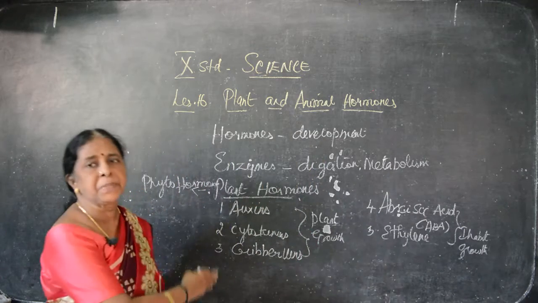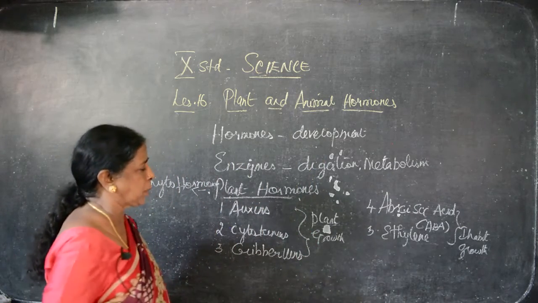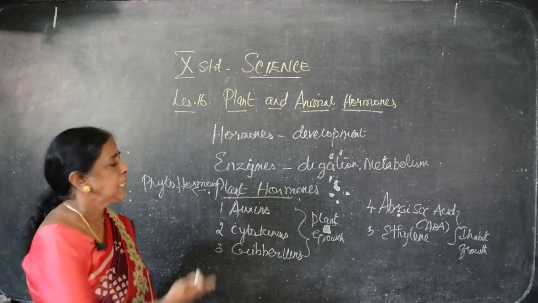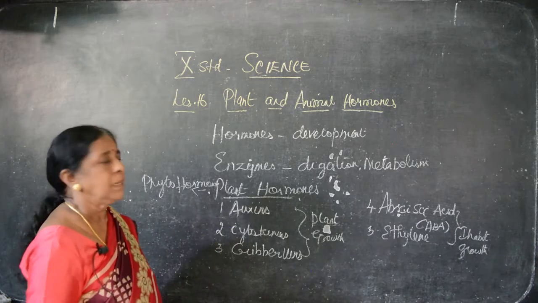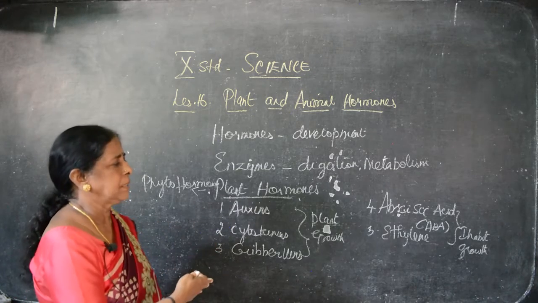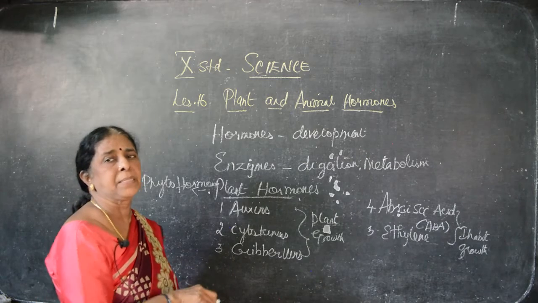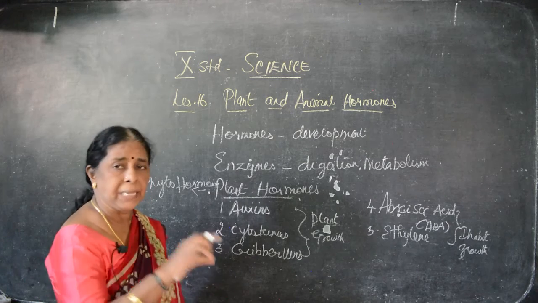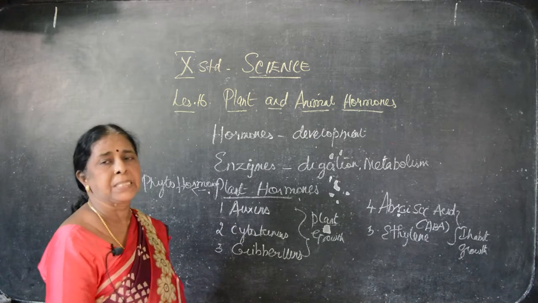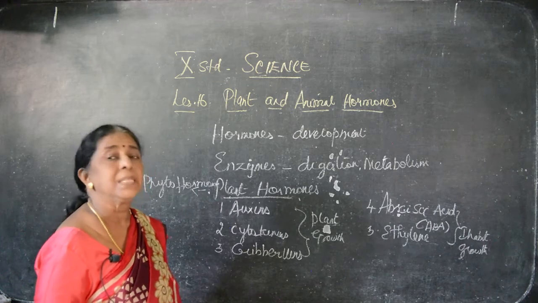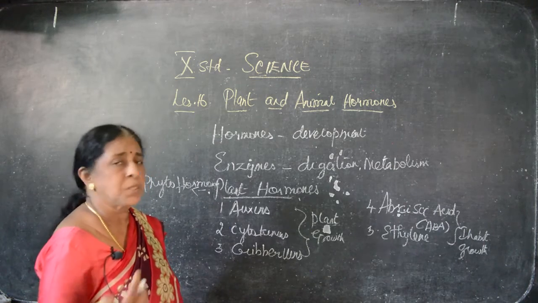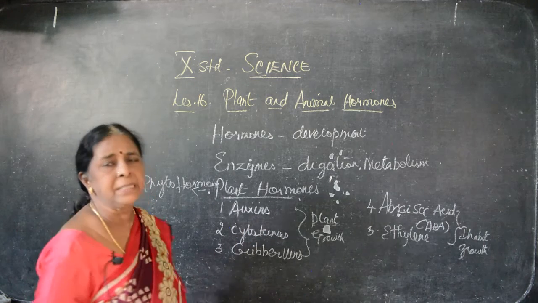So what's the difference between plant growth and inhibiting plant growth? Plant growth you can generally see in the tip and corner of the plants. Inhibited growth means inside. Inside the plant cell, we have studied the plant organelles. So what are the organelles present inside the plant cell? These organelles are regulated by abscisic acid and ethylene.